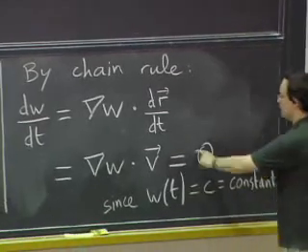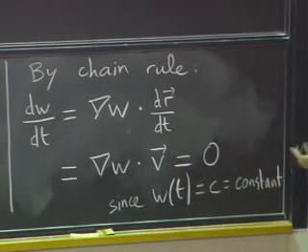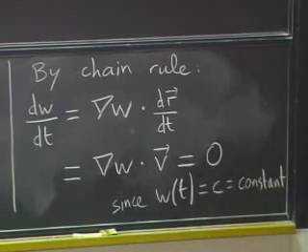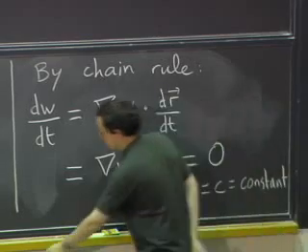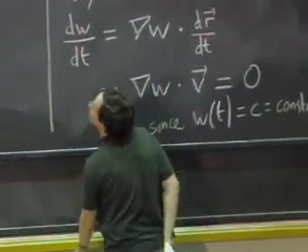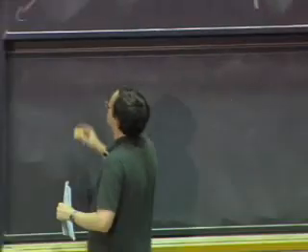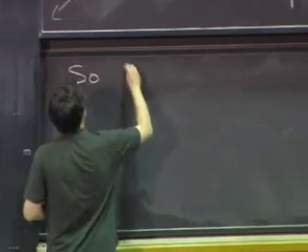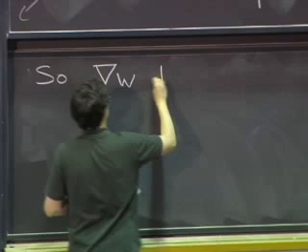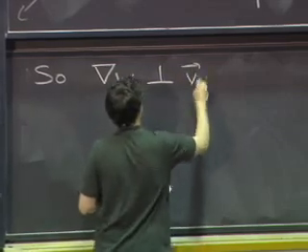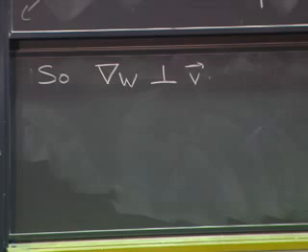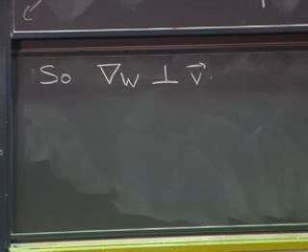Okay, so now if we have a dot product that's 0, that tells us that these two are perpendicular. So the gradient vector is perpendicular to v. Okay, that's a good start.